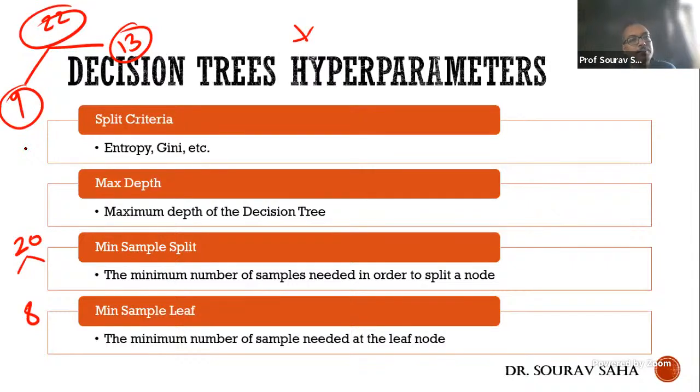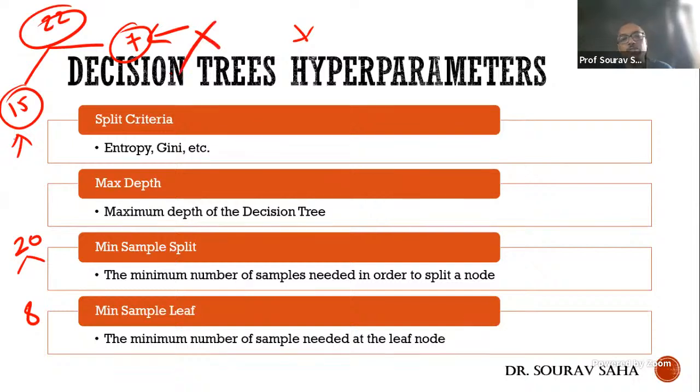This one is valid. But then let's say the split was something different. So here you have 15 and here 7. 15 plus 7 is 22. In this particular case, the minimum sample split is okay, but the minimum sample leaf you had said should be 8. So though one of them is satisfying the minimum sample leaf part, this one is not.